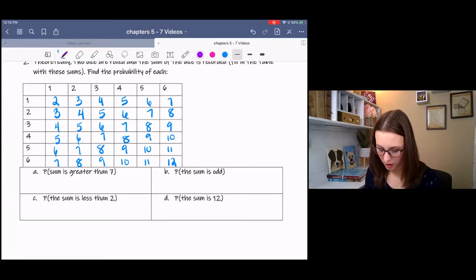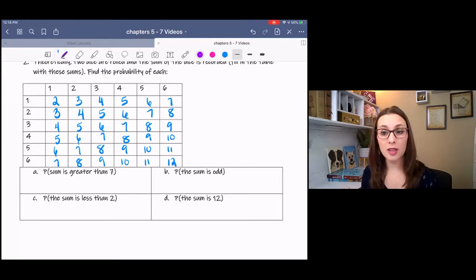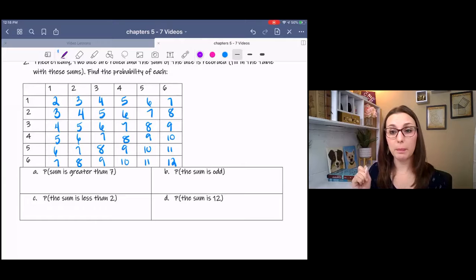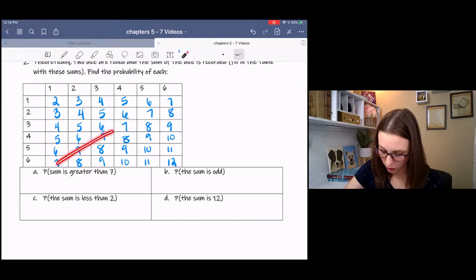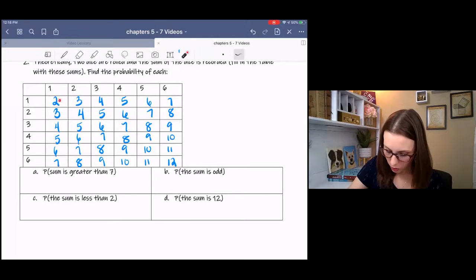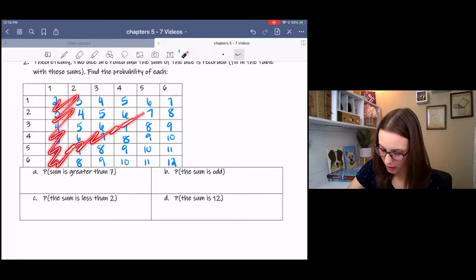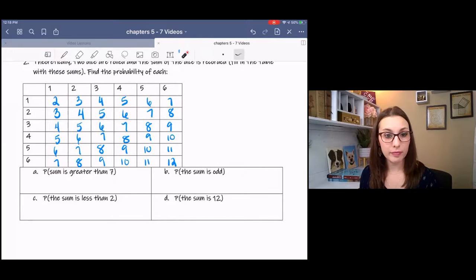When you come back, you should see the sum is greater than 7. When it says greater than 7, that means bigger than 7, which actually excludes 7 because 7 is not bigger than 7. So we are not going to consider any of these in our sum.